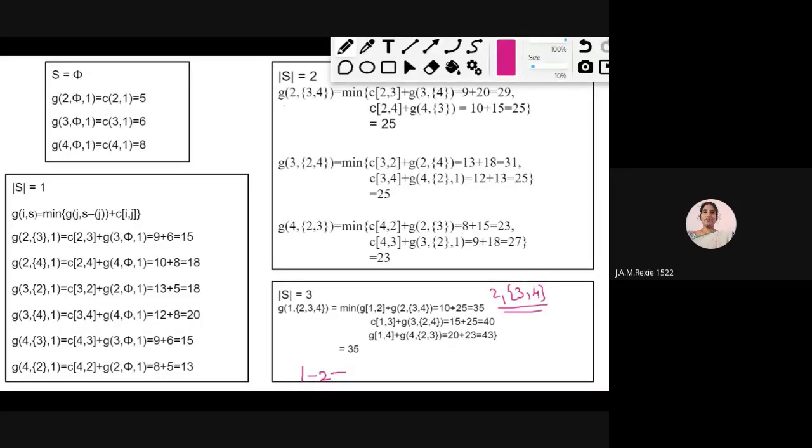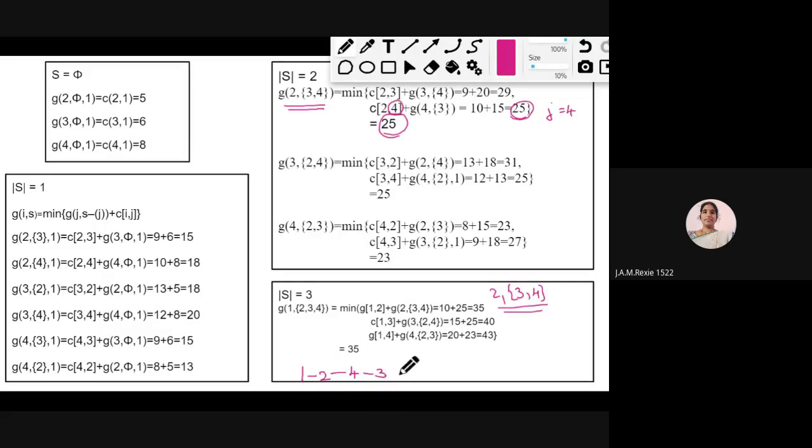So from 2, 3 and 4, it is already available here, for which the cost is 25. When J value is 4, we got the cost as 25. So from 2, the next immediate vertex I have to choose is 4. Obviously, the remaining one vertex is 3.